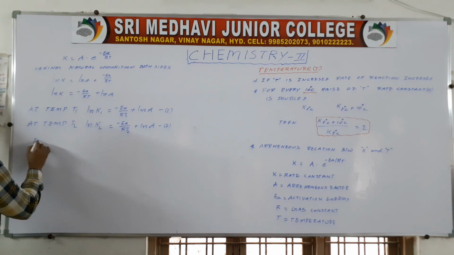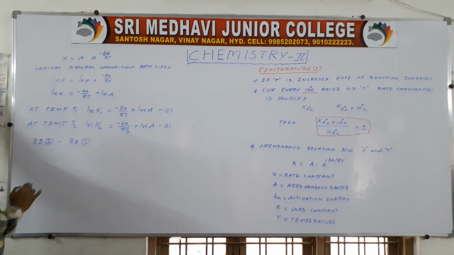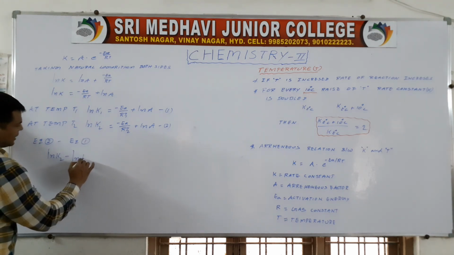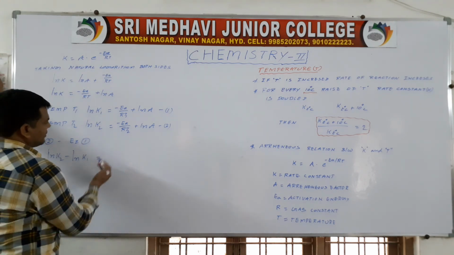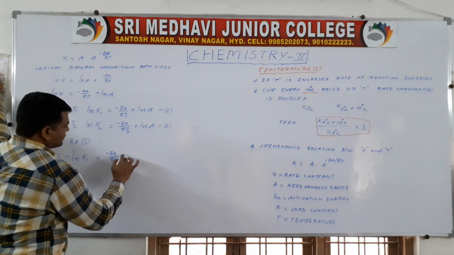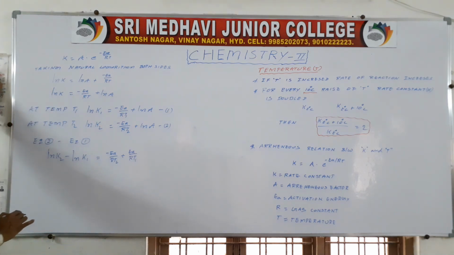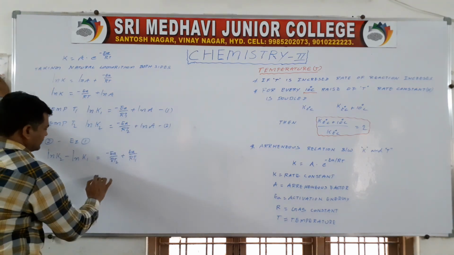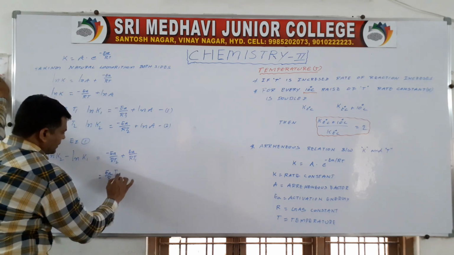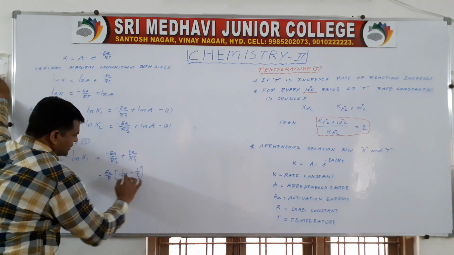Then equation 2 minus equation 1: natural logarithm K2 minus natural logarithm K1 equals minus EA by RT2 plus EA by RT1. These two cancel. Then EA by R common, 1 by T1 minus 1 by T2.